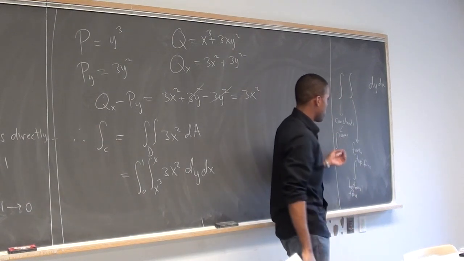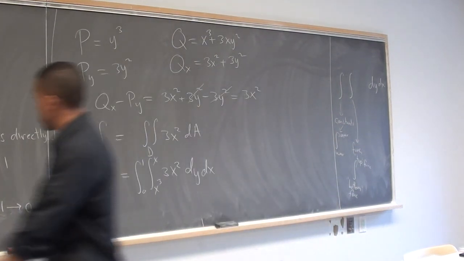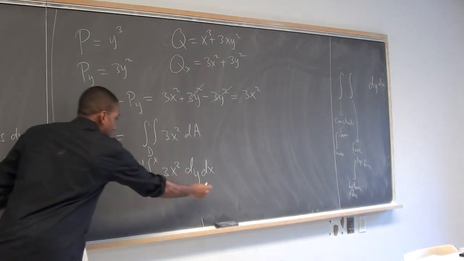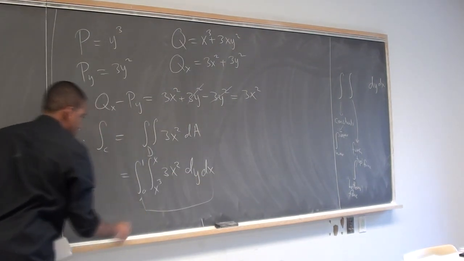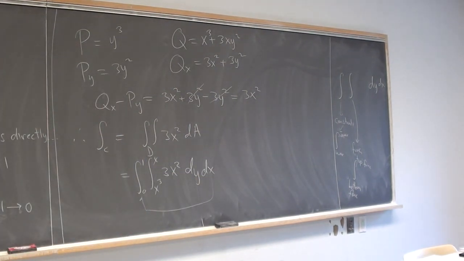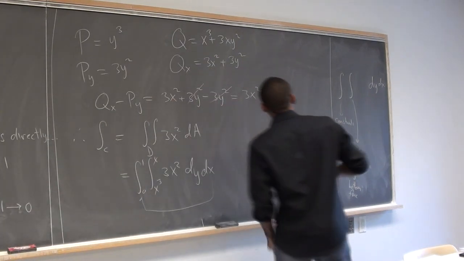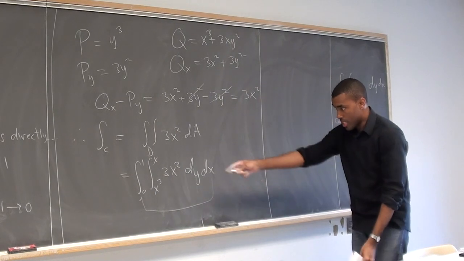We want dx on the outside, which means x goes between constants on the x-axis, 0 and 1. The y goes from this function up to that function. This is the bottom function, that's the top function: y equals x cubed, and y equals x. All right, so that's the integral we have to do.